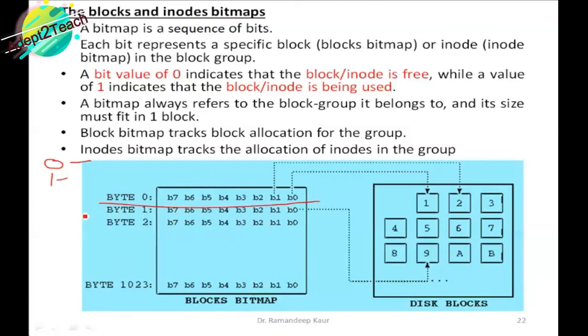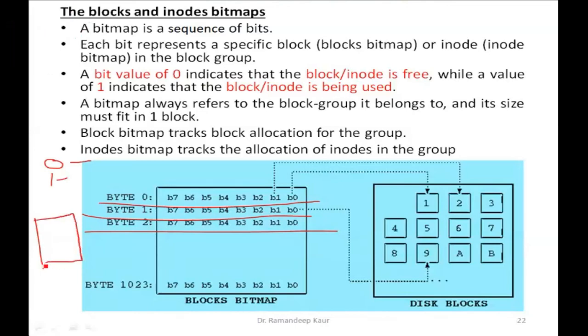Every location comprises some bits, 0 or 1. So byte number 1 is storing information, byte number 2 is storing information, up till 1024. Now, by default, your super block and block group descriptor start in your memory from location number 1024.